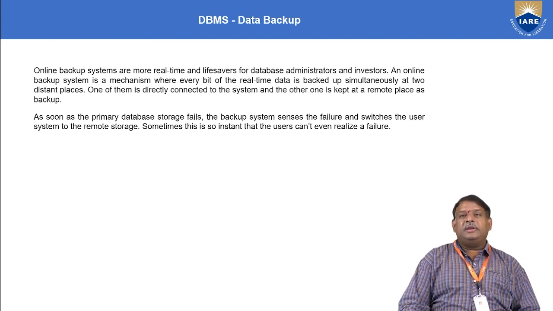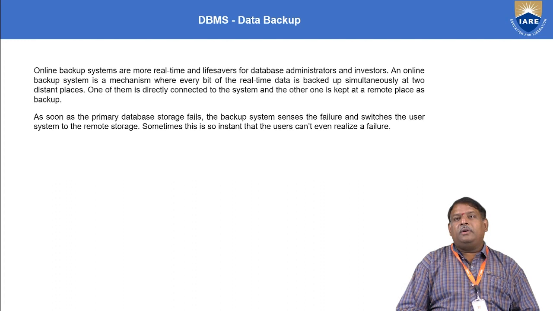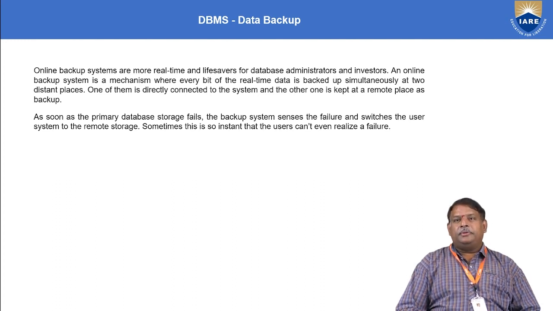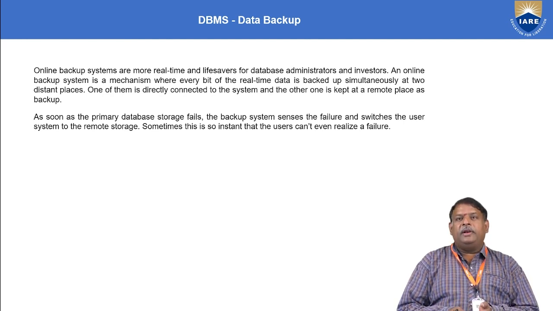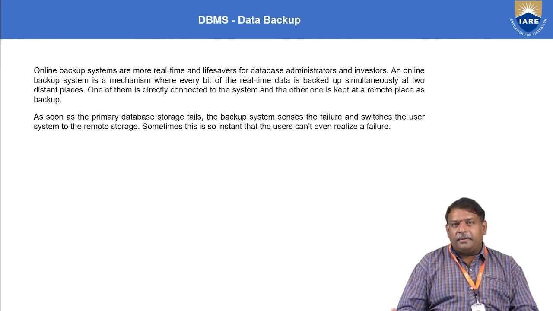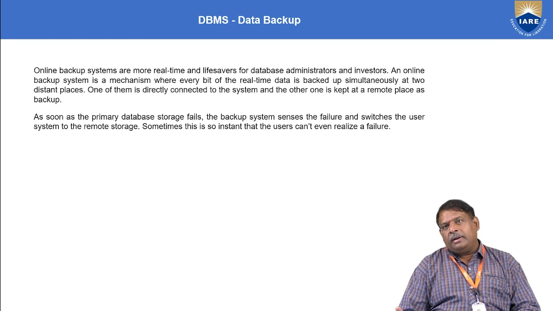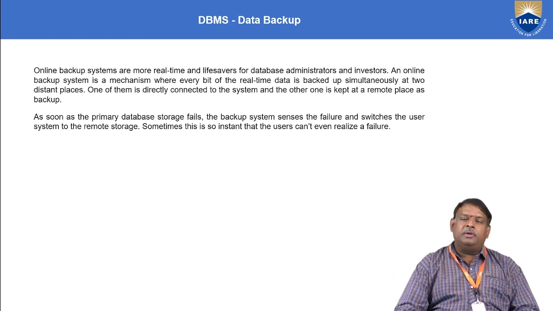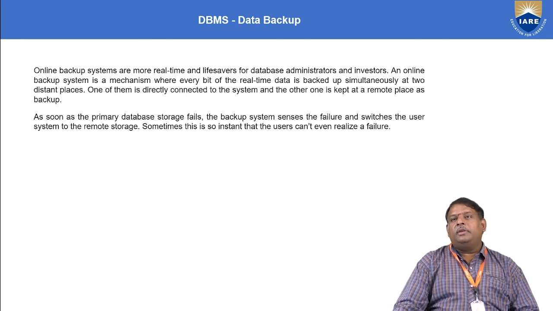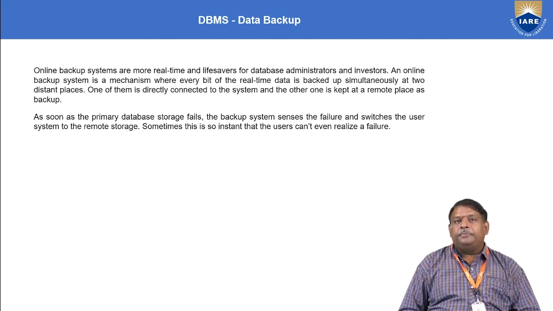Sometimes this is so instant that the user cannot realize a failure. Immediately your application server will talk to the remote server, so the user will not even know that something went wrong.